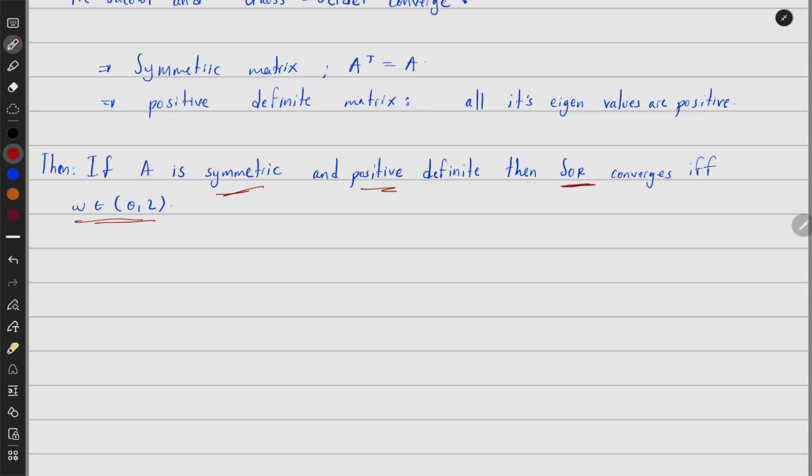You remember the SOR has omega which can take on values; omega can be 1, and when we have this, that is when we have the GS, meaning this can also work. So if your A is symmetric and positive definite, then it is better you use the Gauss Seidel iterative method.